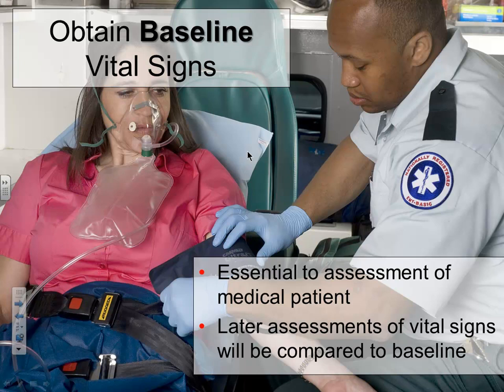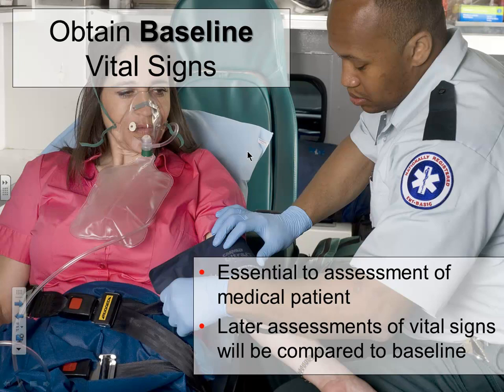Then you're going to get your baseline vital signs. You're going to get baseline vital signs on every patient, unless you absolutely are busy doing something else. But 99.9% of the time, you're going to get at least one set of baseline vital signs. The State of Alabama requires your PCR to have 2 sets minimum. If you don't have 2 sets, you better explain in there why you don't.